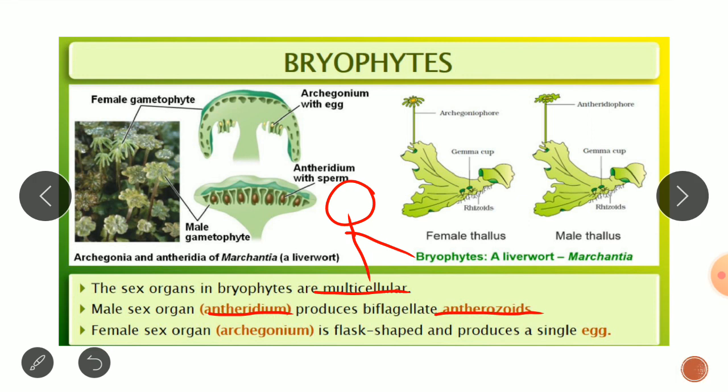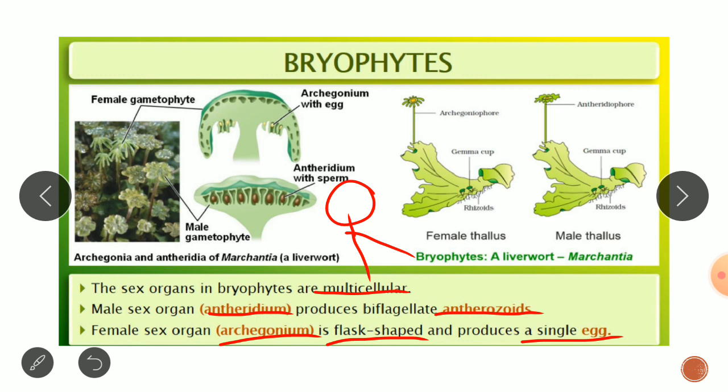The female sex organ is the archegonium. It is somewhat flask shaped and it produces a single egg. So those are the sex organs in bryophytes, which are multicellular.